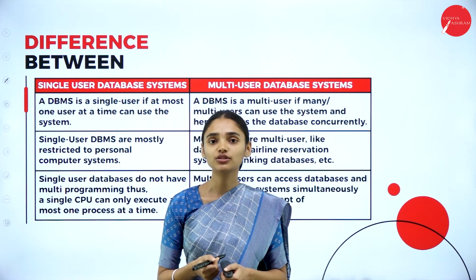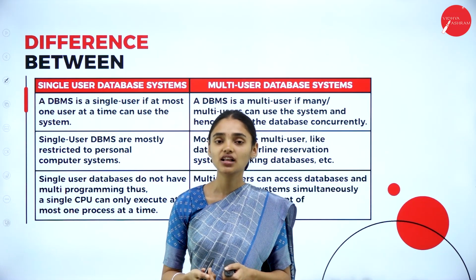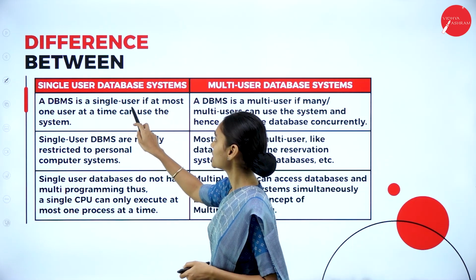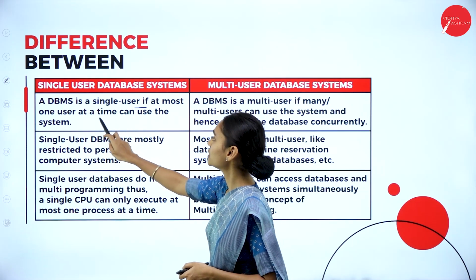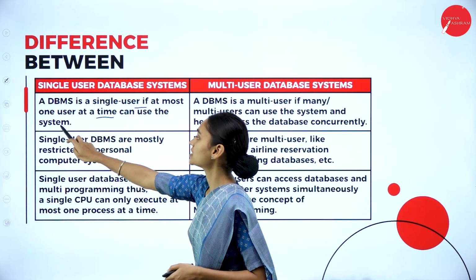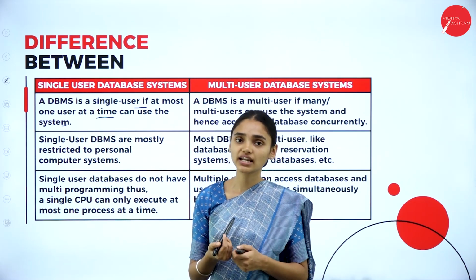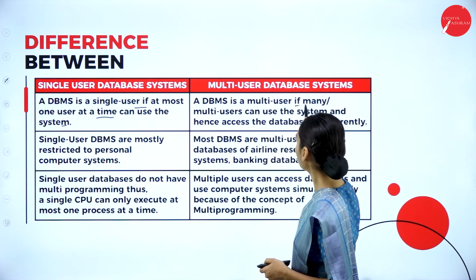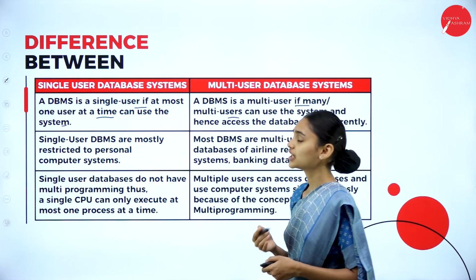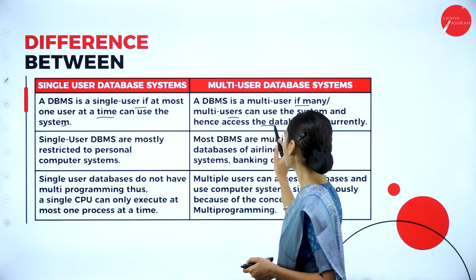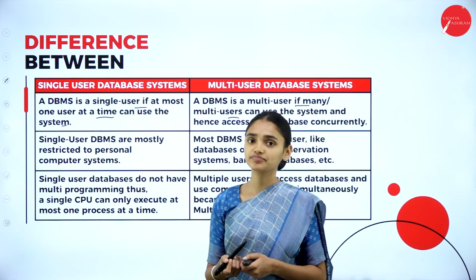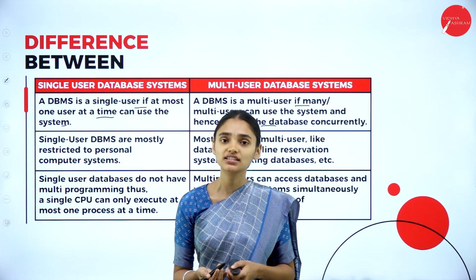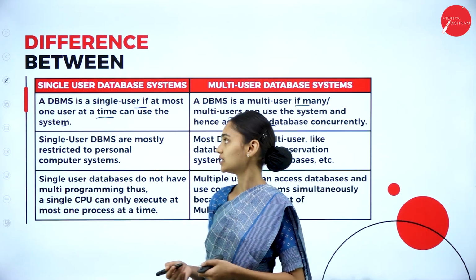A single user database system is accessed by only one person at a time; a DBMS is single user if at most only one user at a time can use the system. In a multi-user system, many users can use the system and hence access the database concurrently.